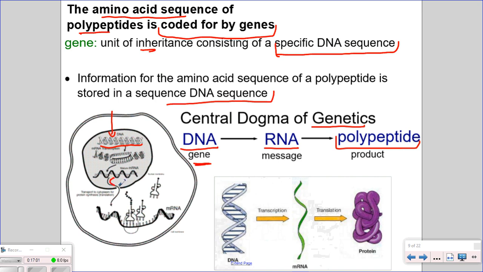That message molecule is exported to the cytoplasm, and it's in the cytoplasm that the ribosomes, this circle here is a ribosome, will use the message to create a protein. So protein synthesis will happen in the cytoplasm.